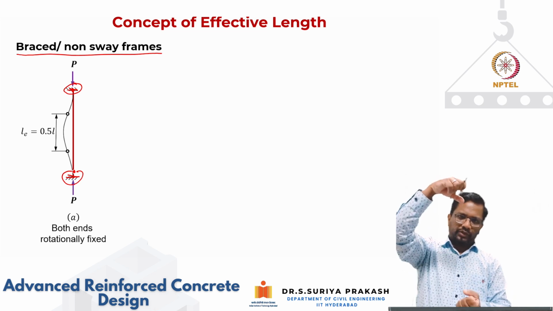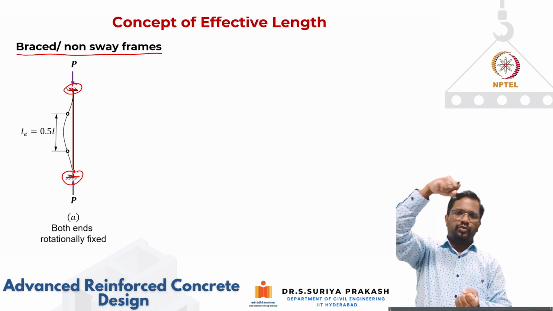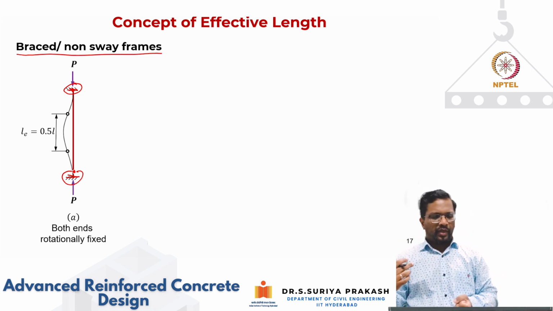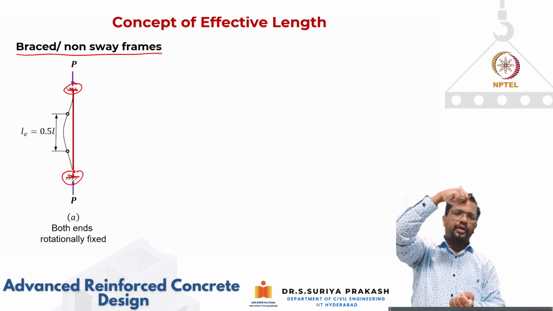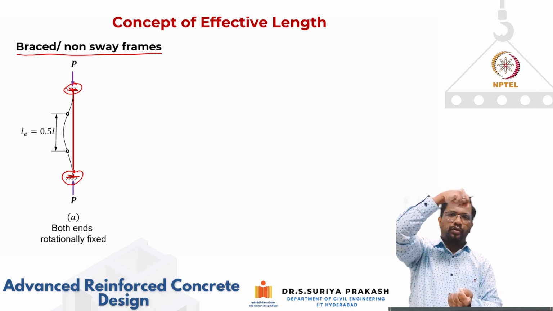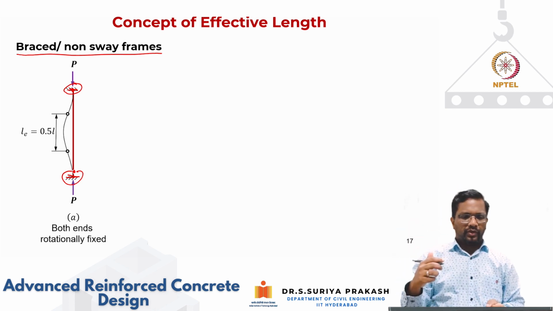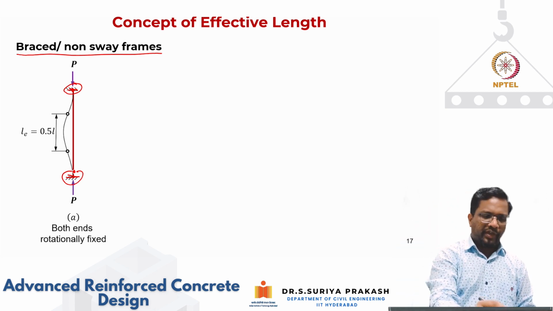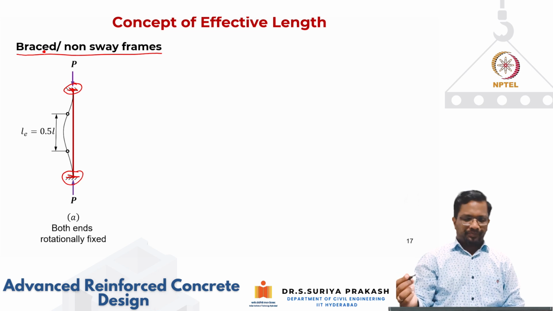Of course, these supports are not free to move laterally, so the displacement at these two points is zero, and they cannot rotate. So it's a fixed condition, and they are also laterally restrained. They are also called non-sway frames because they are not allowed to sway. So braced or non-sway frames are one and the same.